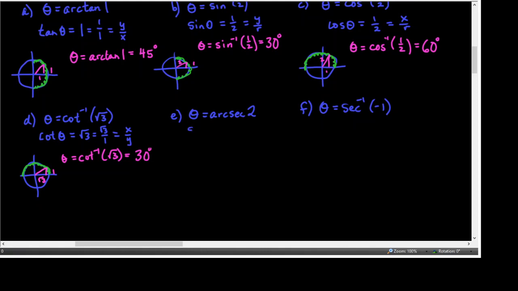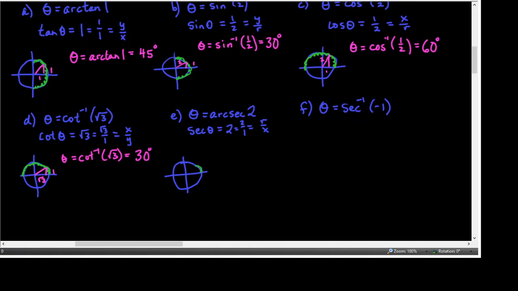Okay, this one without the arc in it would be secant of theta is 2. Secant is r over x. Since r is always positive, that'll have to be 2 over positive 1. Think about where secant inverse or arcsecant has answers.